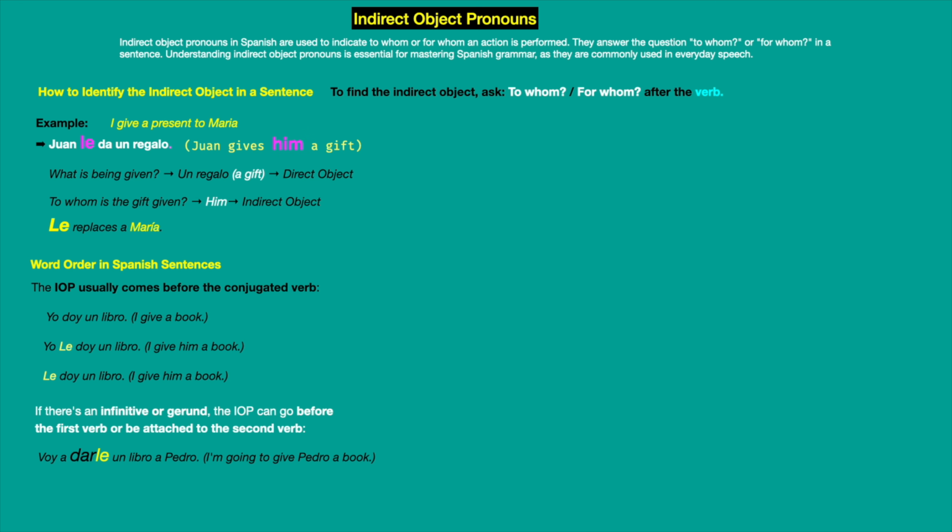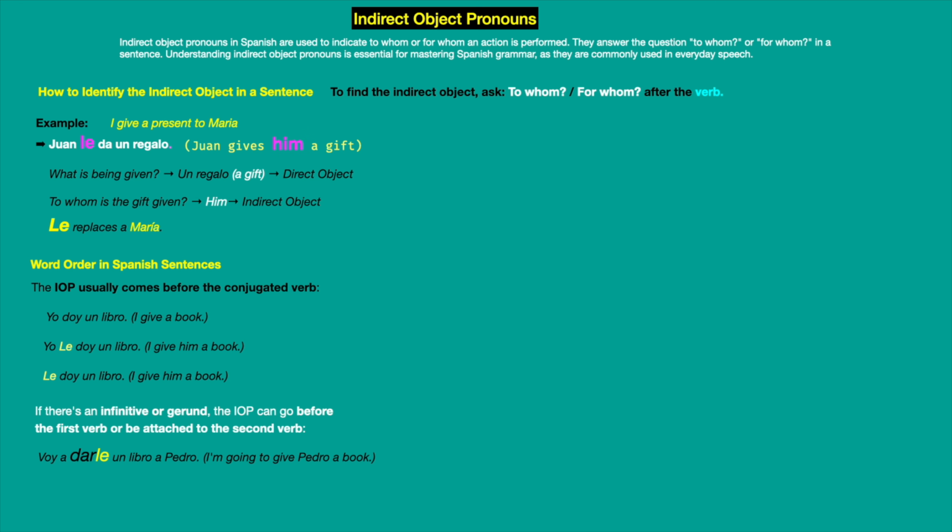I'm going to give Pedro a book, or I'm going to give him a book. So you don't have to repeat Pedro again. So just say, I'm going to give him a book. And remember what we were doing in one of our previous lessons, "voy a" is "I'm going to".